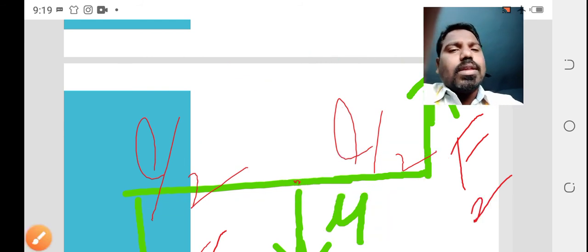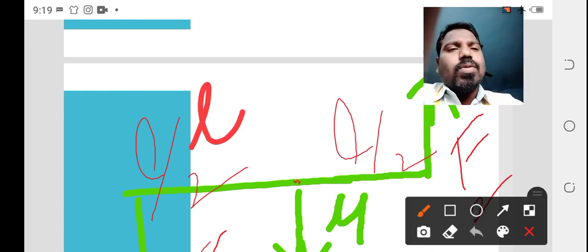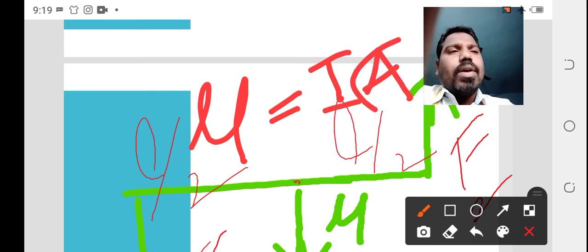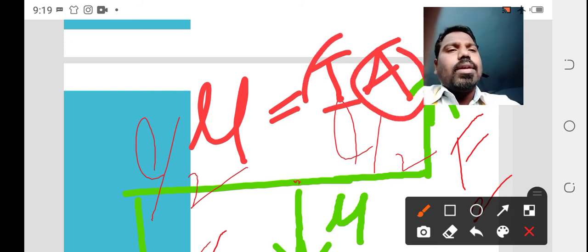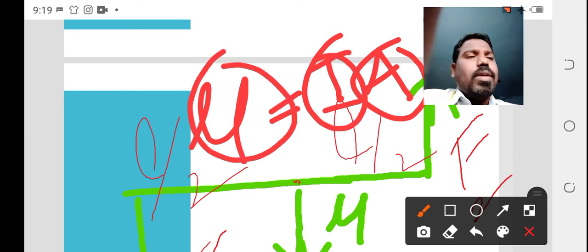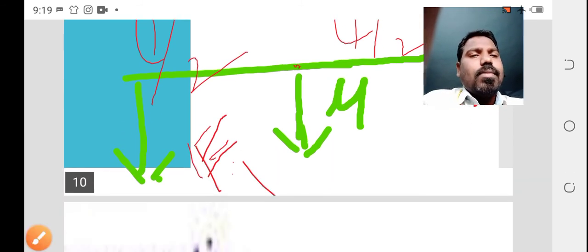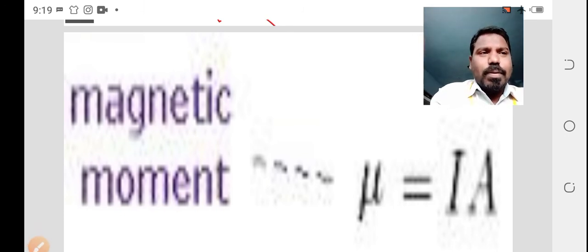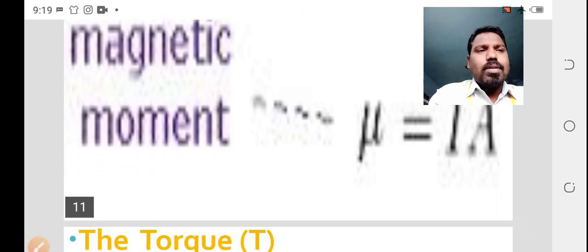The direction of the magnetic moment is what? That is mu equal to IA, where A is the area, I is the current, mu is the magnetic moment. So here the magnetic moment is generated because of the L by 2 plus L by 2, which is nothing but IA.